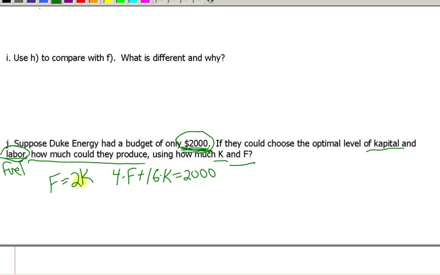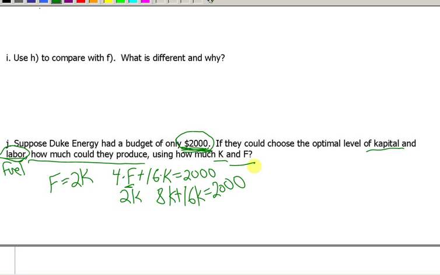So what do we do? Well, we can find F here, substitute in 2K. What we're going to have is 4 times 2K, or 8K, plus 16K equals 2,000. So we're going to have 24K equals 2,000. 2,000 divided by 24.